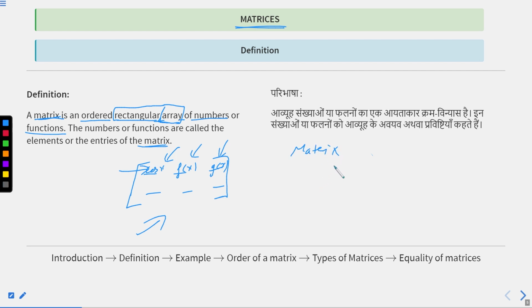So what do we mean by matrix? A matrix is just a collection of information, a collection of numbers, a collection of functions, or the specific term is an array of numbers, and that array must be in the rectangular shape. Now this must be ordered, so there must be some order to it. Suppose in one matrix you put f, cos x and g(x), and in another representation you put g(x) here and cos x here.